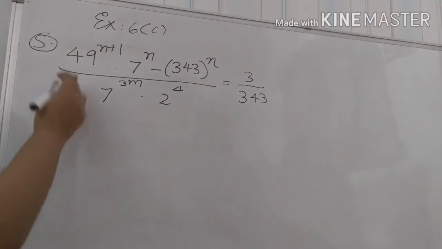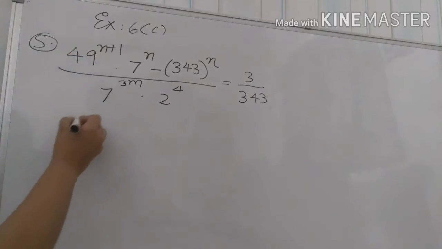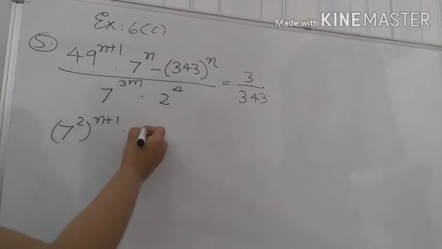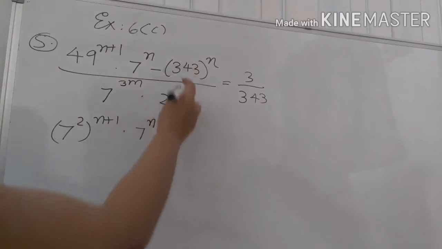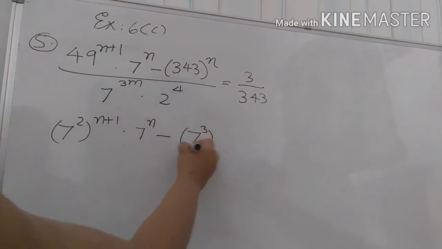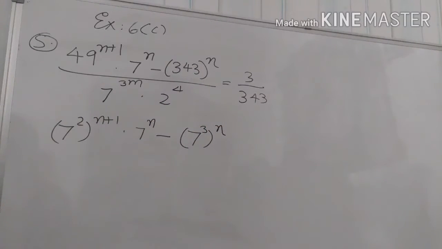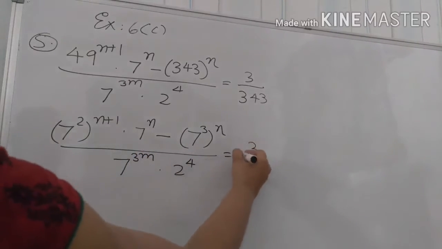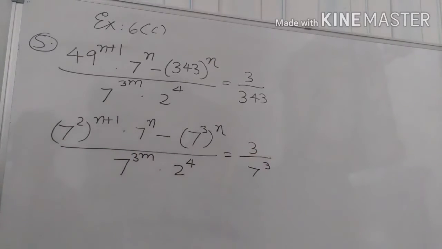First of all, instead of 49 I take 7 square to the power n plus 1, 7 raised to n as it is, minus 343 is 7 cube. So placing the value here, and in the division 7 raised to 3m into 2 raised to 4, is equal to 3 upon, this is 7 cube again. So place the value.